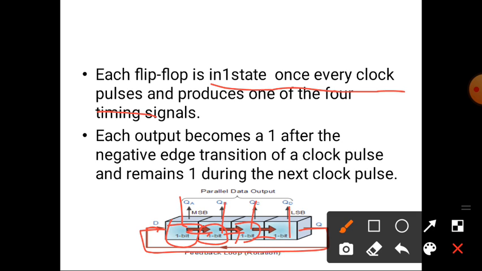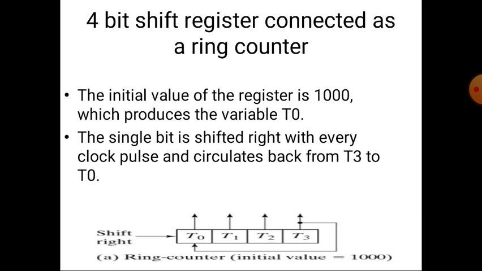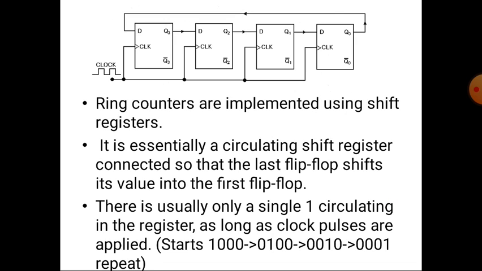So each output becomes 1 after the negative edge transition of the clock pulse, and remains 1 during the next clock pulse.